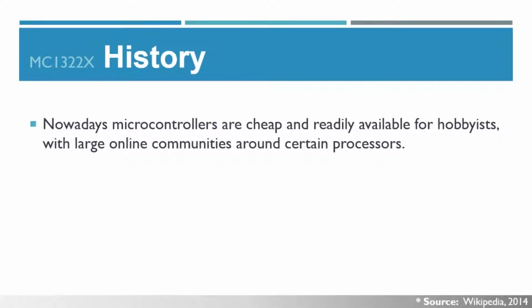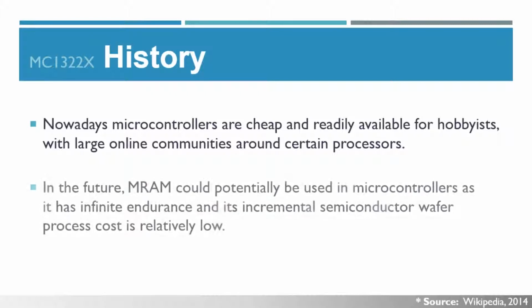Nowadays, microcontrollers are cheap and readily available for hobbyists, with large open communities around certain processors, such as the one we will feature in this presentation. In the future, MRAM could potentially be used in microcontrollers as it has infinite endurance and its incremental semiconductor wafer process cost is relatively low.